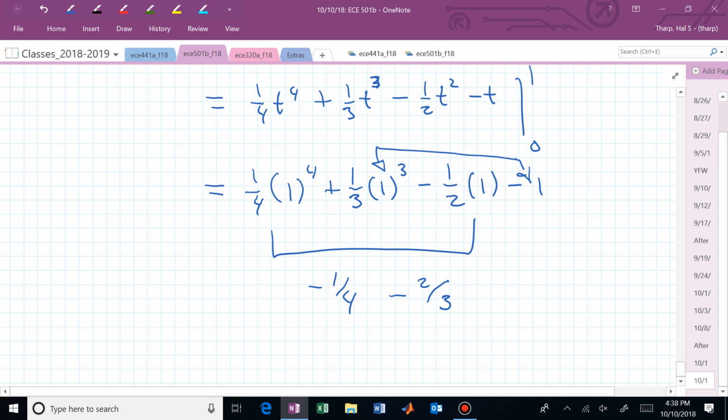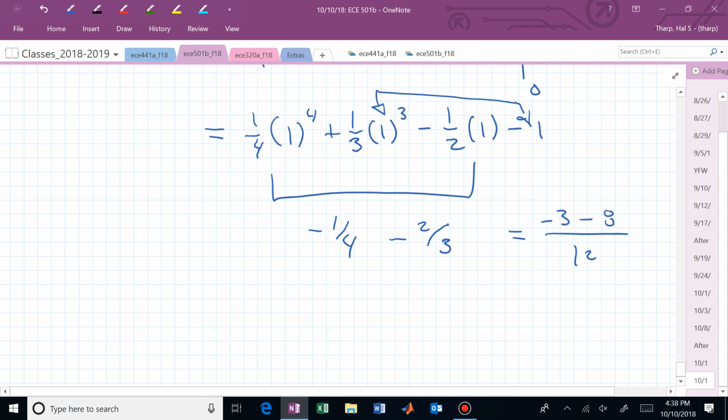So now I have something a little bit less than 1, negative 1 in value. Actually, it's bigger than minus 1. So if I get a common denominator, I have minus 3 minus 8. Is that true? 2/3. So this is now minus 11 over 12.